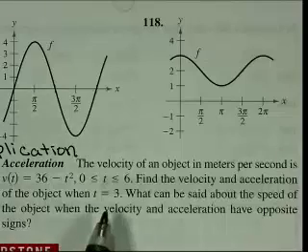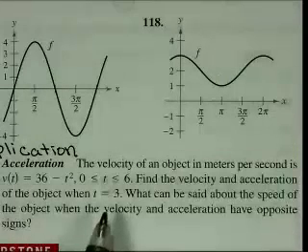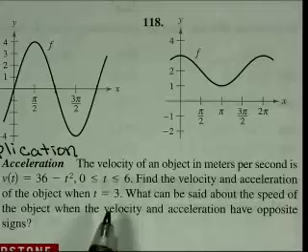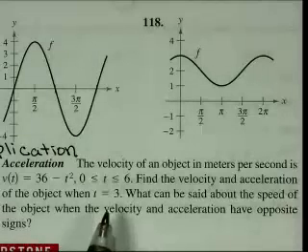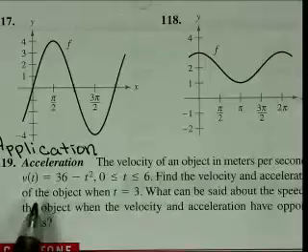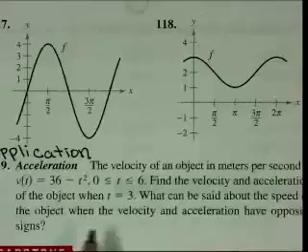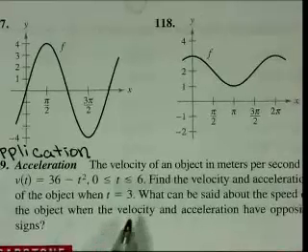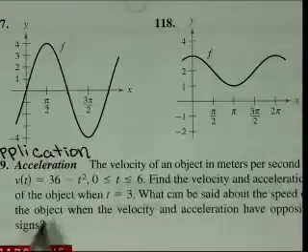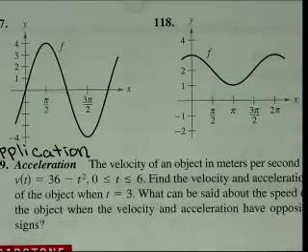How will you find the velocity of the function when t equals 3? Just substitute it into the velocity function. That's what the velocity function gives you. But if you want the acceleration when t equals 3, what are you going to have to do? Find the second derivative and plug 3 into it. Would you have to find the second derivative of that, or just?